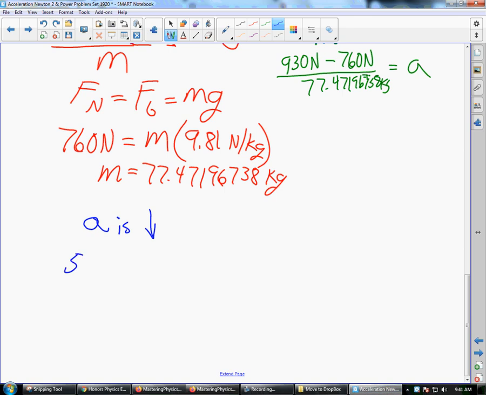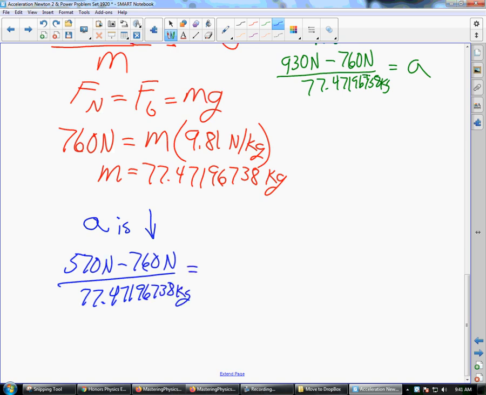So 570 newtons minus 760 newtons over 77.47196738 kilograms equals a. Am I going to get a positive or negative a? Negative, which, yay, that's what I wanted, because the acceleration needs to be down.